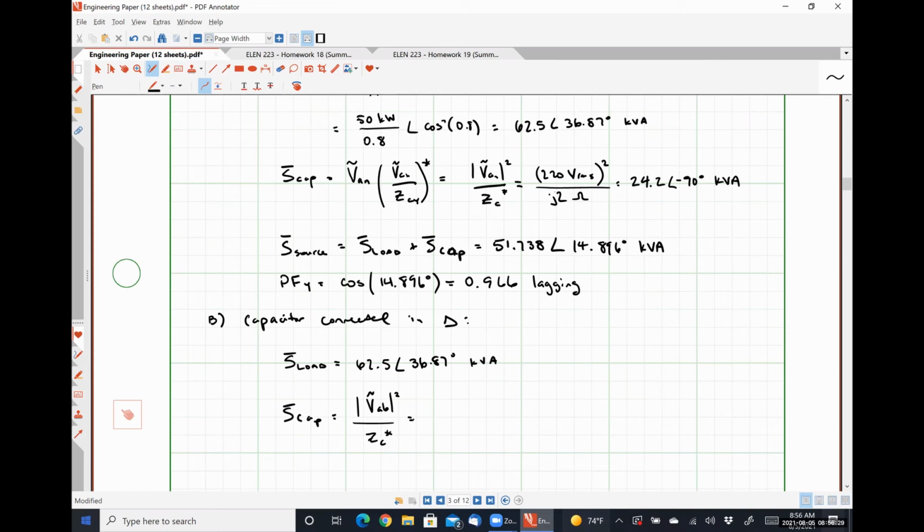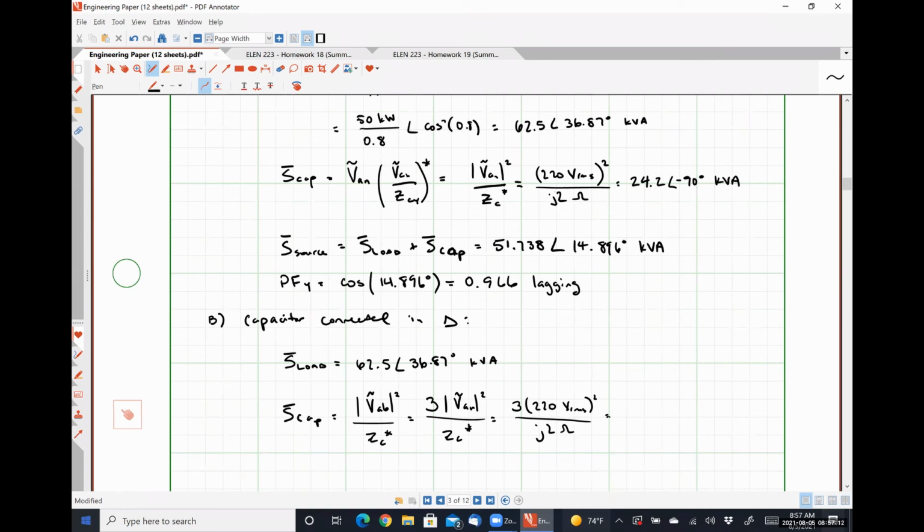What's the magnitude of VAB squared? VAN is multiplied by square root of 3, because we're going from a line to neutral quantity to a line quantity. So when we square that square root of 3, it's just going to be 3 VAN squared over ZC conjugate, or 3 times 220 volts RMS squared divided by j2 ohms, which should be 3 times as large.